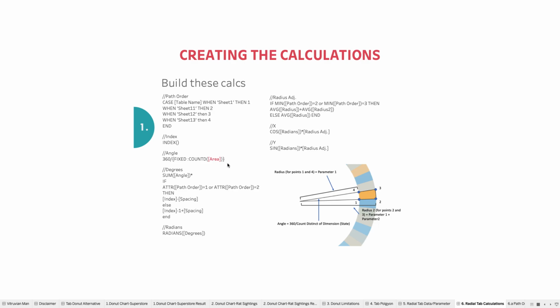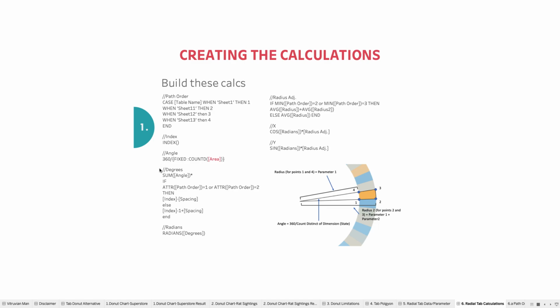So if I have 51 states, I'm doing a count distinct of state, and I'll get 51, and the fixed is going to help me no matter what happens in my filters or data. I'm counting the total that I have. And then I'm just going to divide 360 by that. In my data set, it was actually 49 because Hawaii and Alaska, I think, weren't in it.